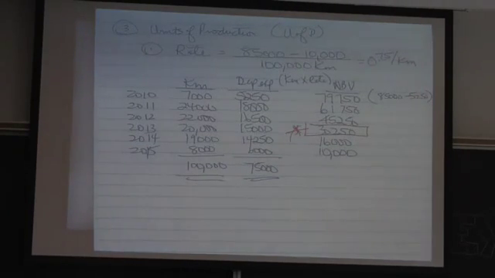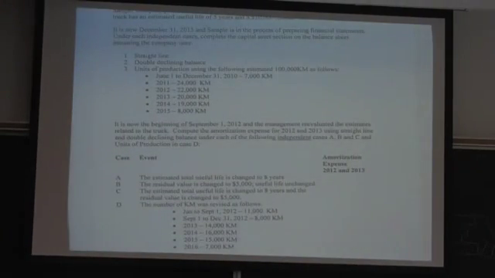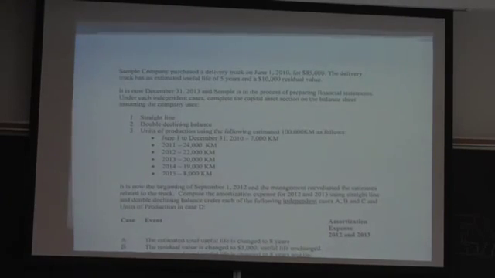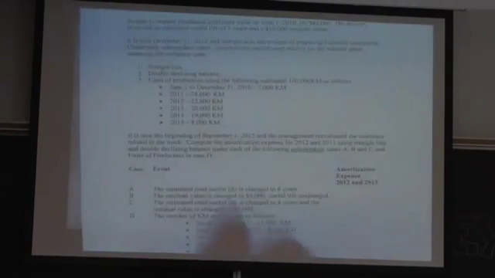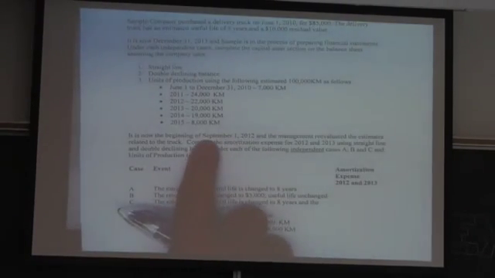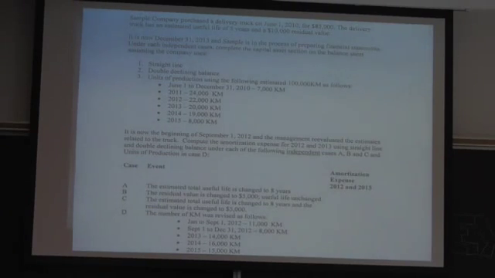Now, let's look at part 2 of this question. Part 1, what I've just shown you, is the 3 different amortization methods and how to calculate the amortization expense. Now, in September 2012, and the date is very important, management has reevaluated the estimates related to the truck.